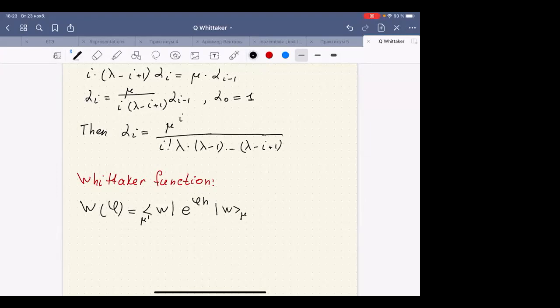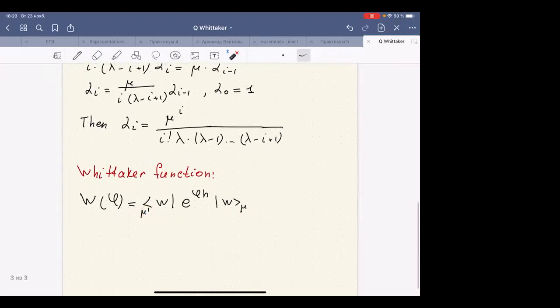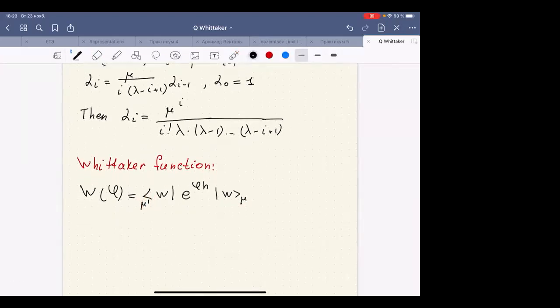What is written here? Here we have a Whittaker vector, and here we have a dual Whittaker vector with a different subscript mu prime, and the dual Whittaker vector is defined just as the ordinary one. We impose the condition that not E acts, but F acts as a scalar.